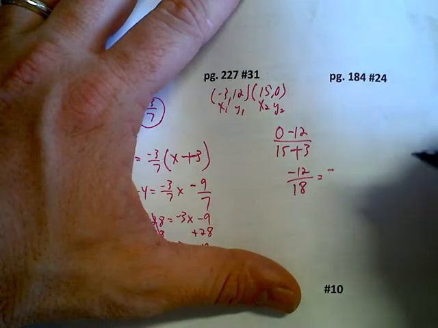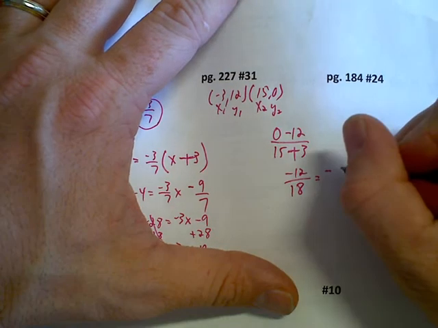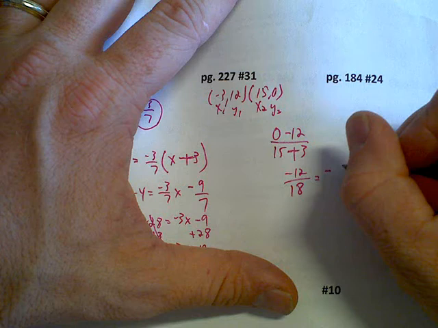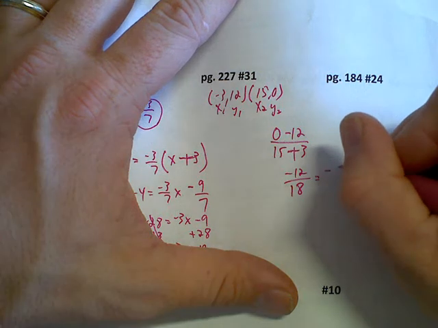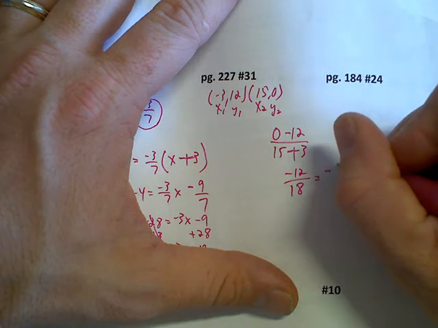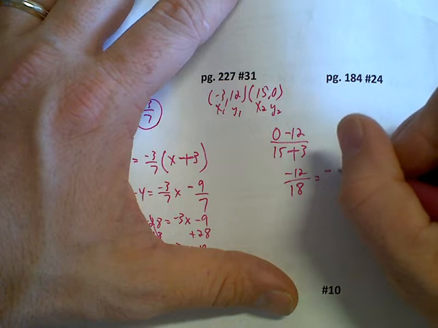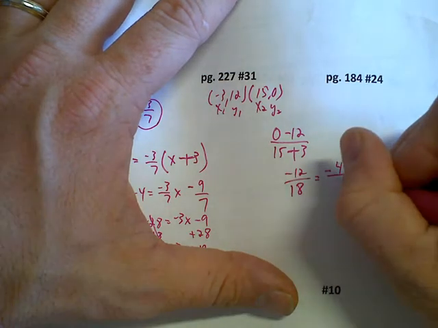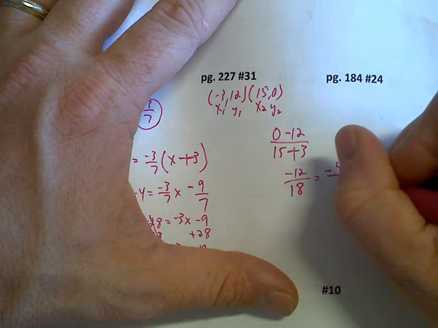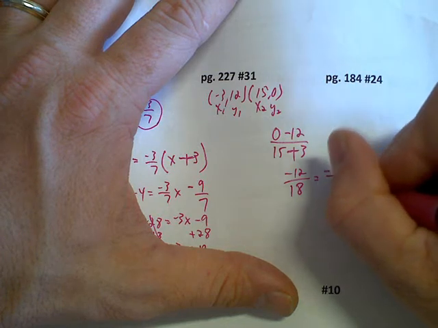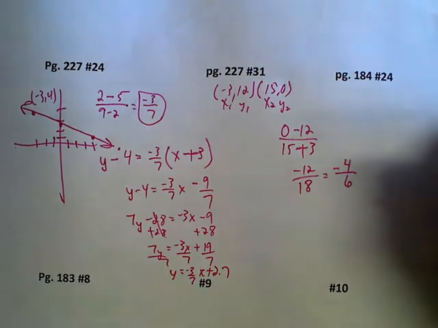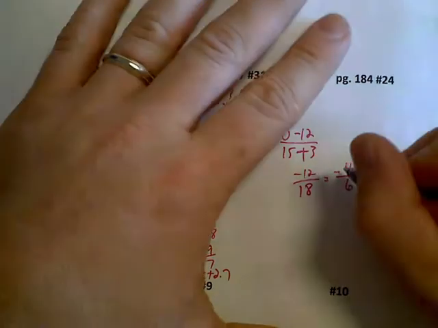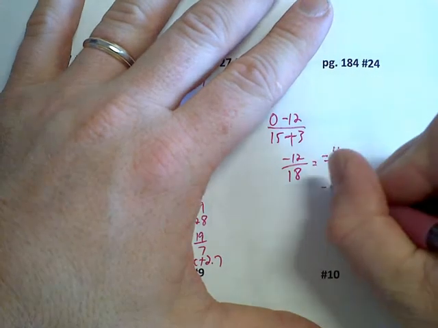If I simplify this, I can divide by 2, so that would give me negative 6 over 9, or I can divide by 3, which would be negative 2 over 3.